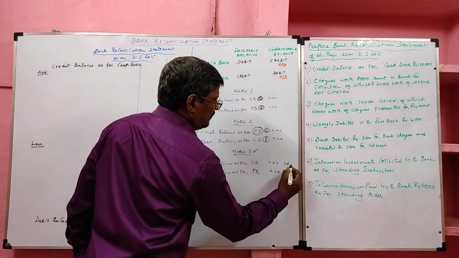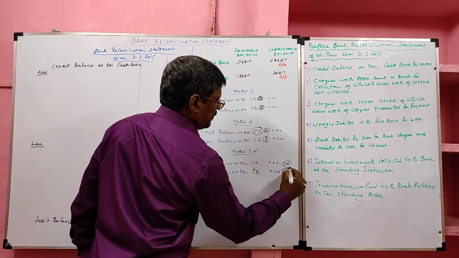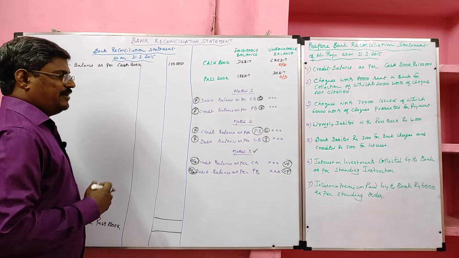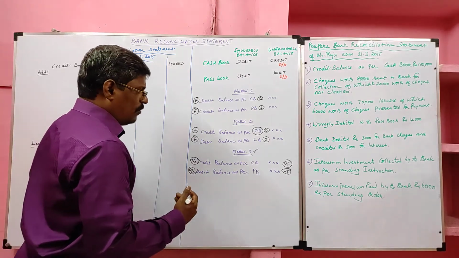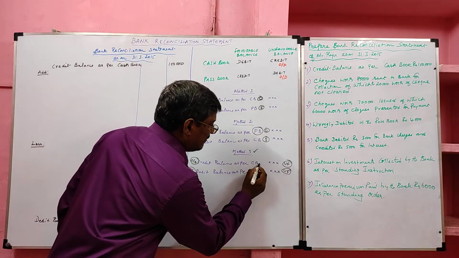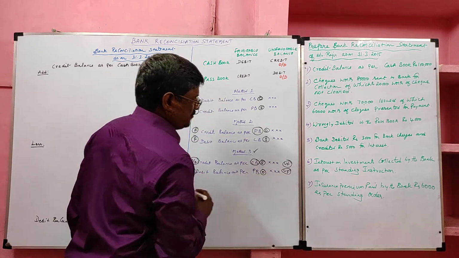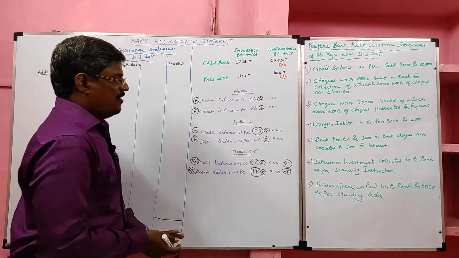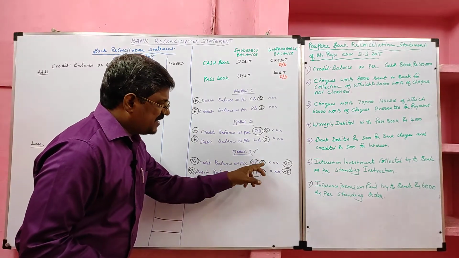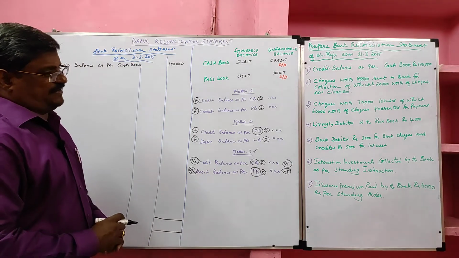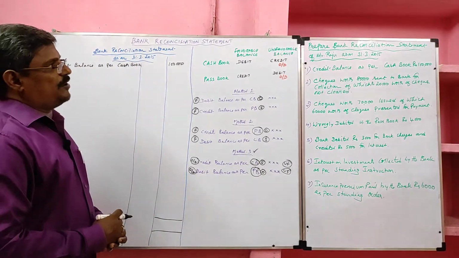Starting point also unfavorable, ending point also unfavorable. Now what are we supposed to do? We should give same effect to the cash book, opposite effect to the passbook. For starting point we should give same effect. For ending point we should give opposite effect.